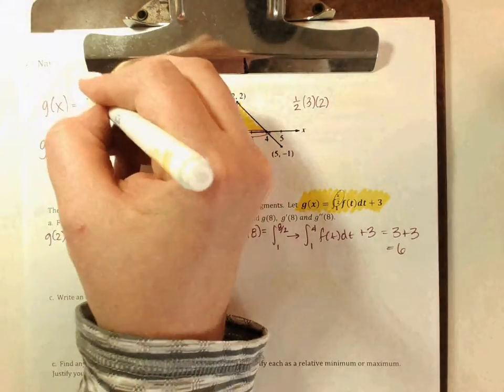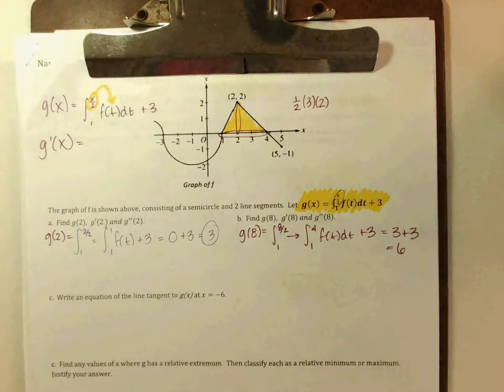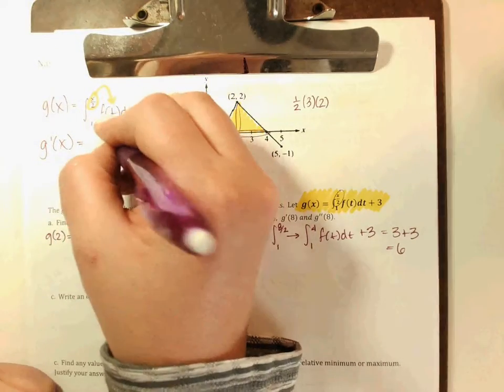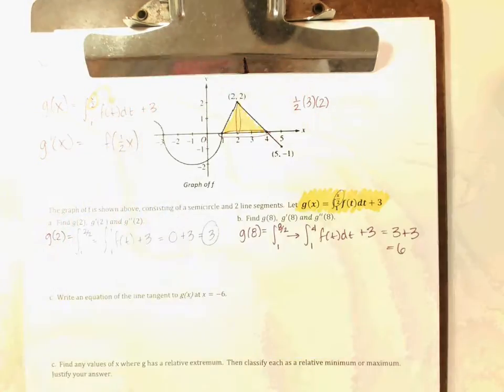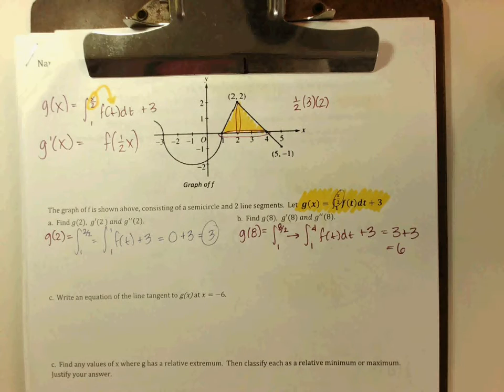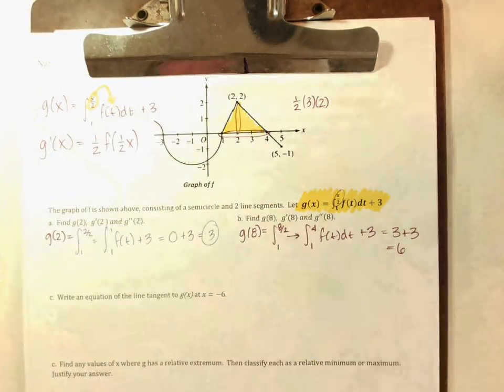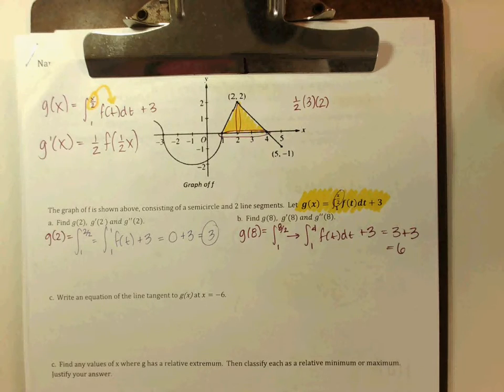So I take my x over 2, I plug it in here. So now I have f of, and then x over 2 is the same as a half x, right? And then what's the derivative of a half x for chain rule? Half. Times a half. Only thing is you said a dx in there, but you probably meant not to put it. Now what about the plus 3? Derivative. Cancels, goes away. Yeah?